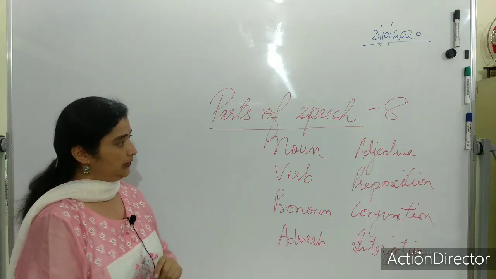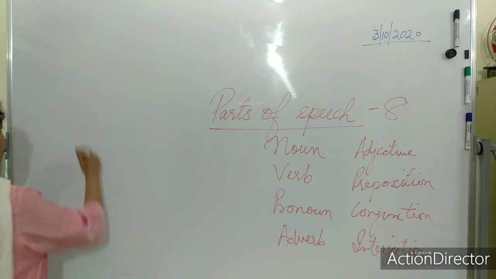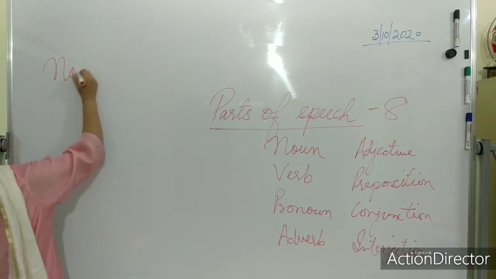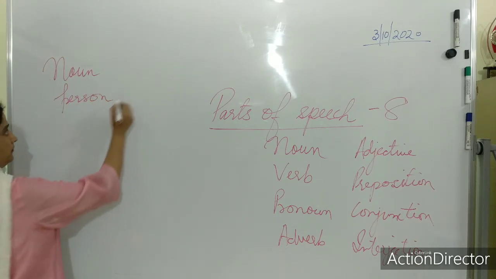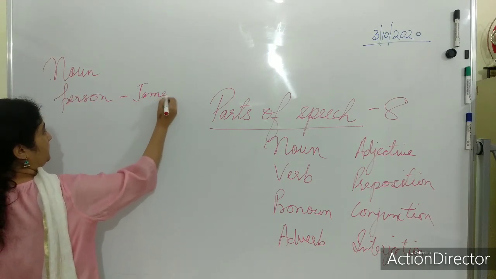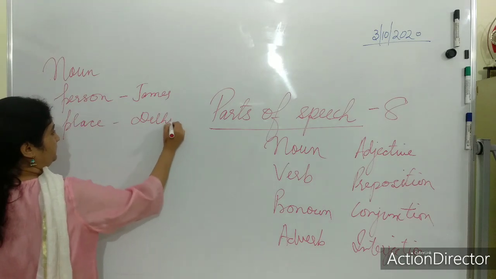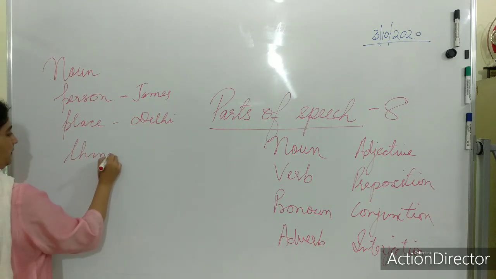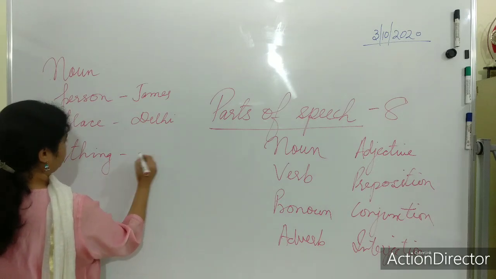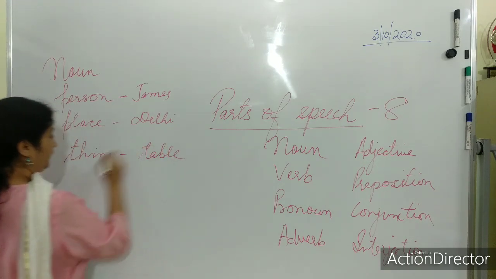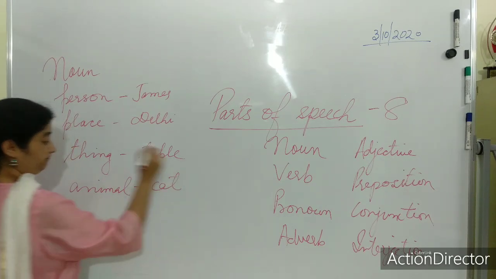Okay, so do we all know what a noun is? Noun is the name of a person, place, thing, animal, food.